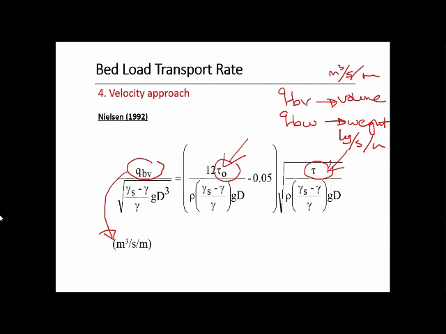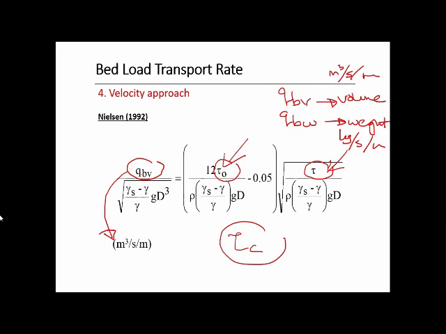So I would say that this Nielsen 1992 falls under the shear stress approach. But if I say that it falls under the shear stress approach, there are no terms related to tau c. So something is missing.